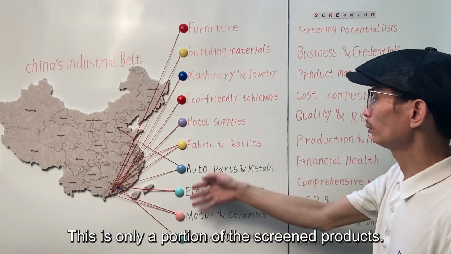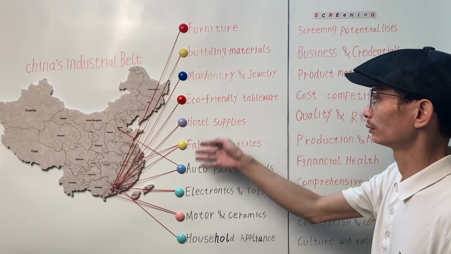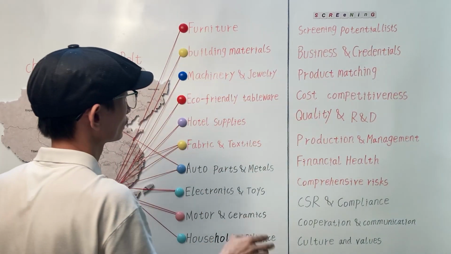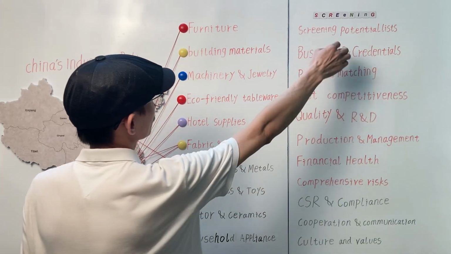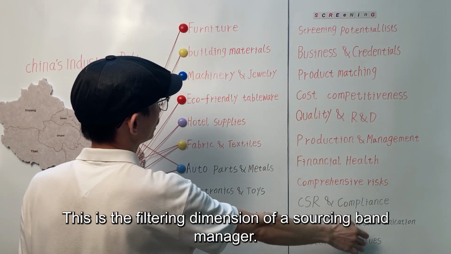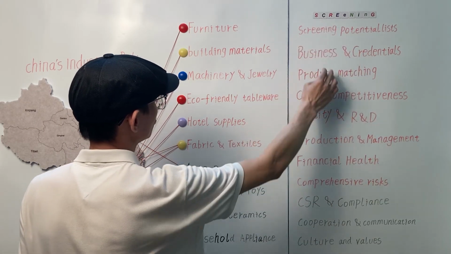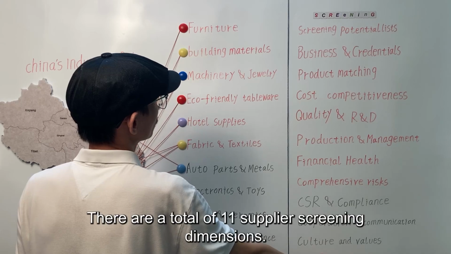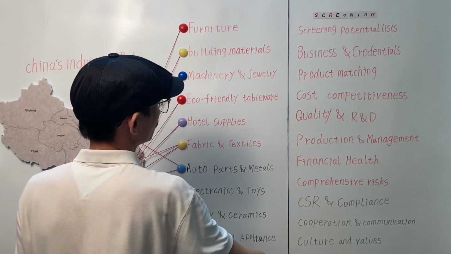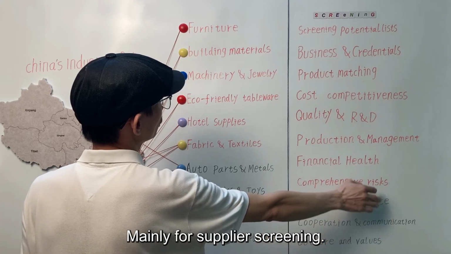This is only a portion of the screen products. This is the filtering dimension of a sourcing band manager. There are a total of 11 supplier screening dimensions, mainly for supplier screening.